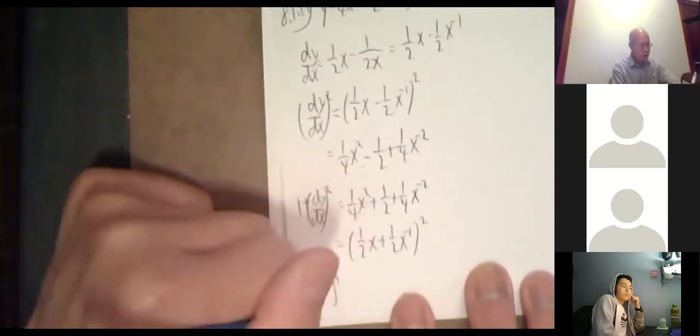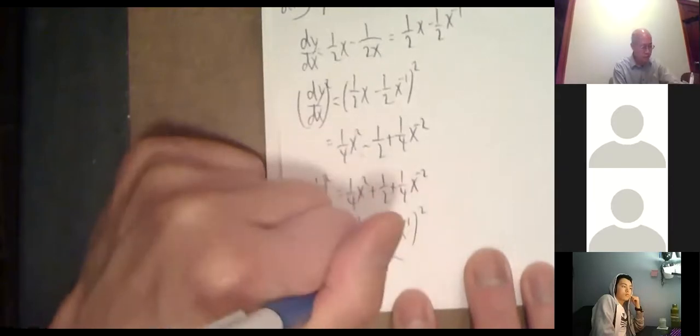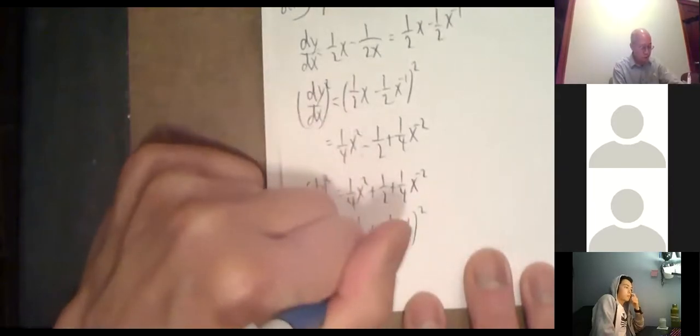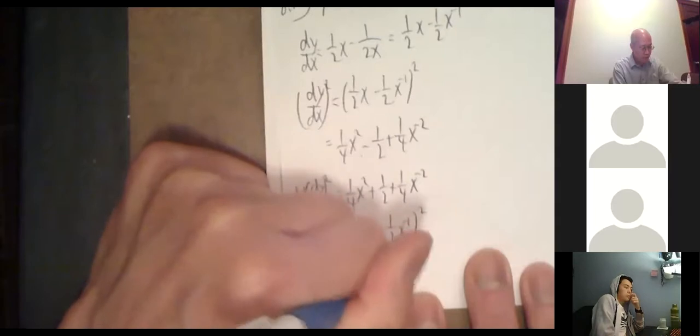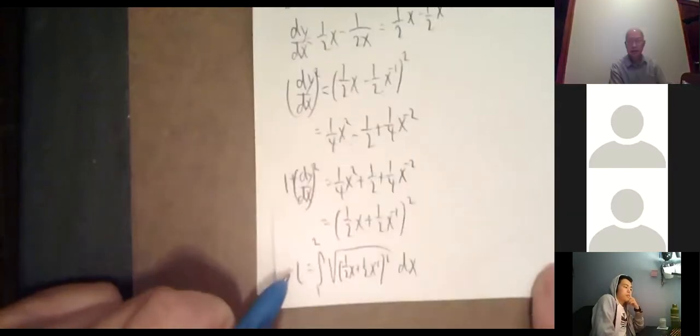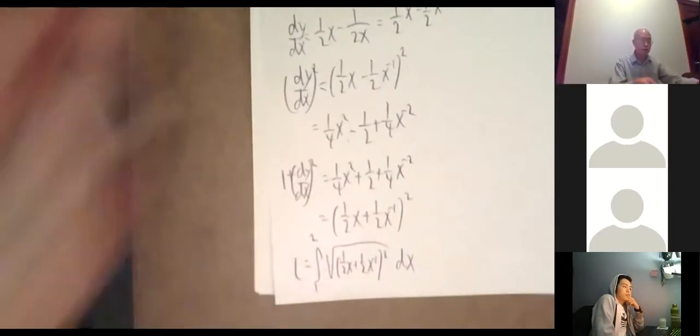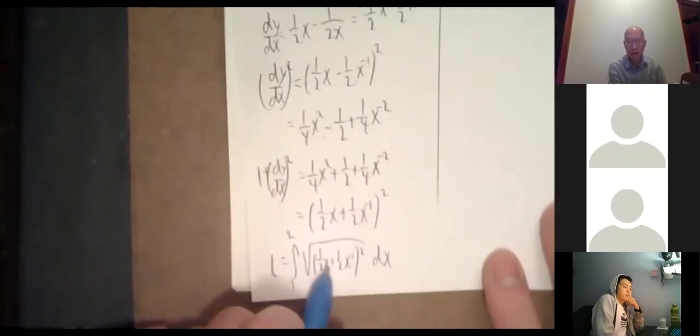So the arc length is the integral from 1 to 2 of the square root of (1/2 x plus 1/2 x to the negative 1) squared dx. And when you have a square root of a square, you just take it off. So I got to go back up now. But I'm just integrating 1/2 x plus 1/2 x to the negative 1. Okay.